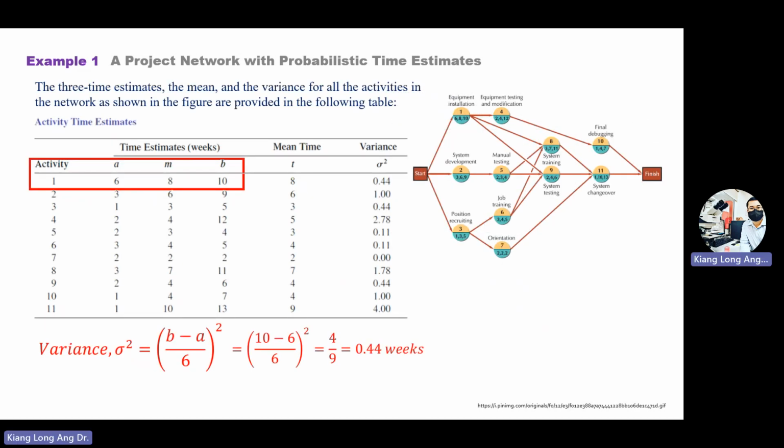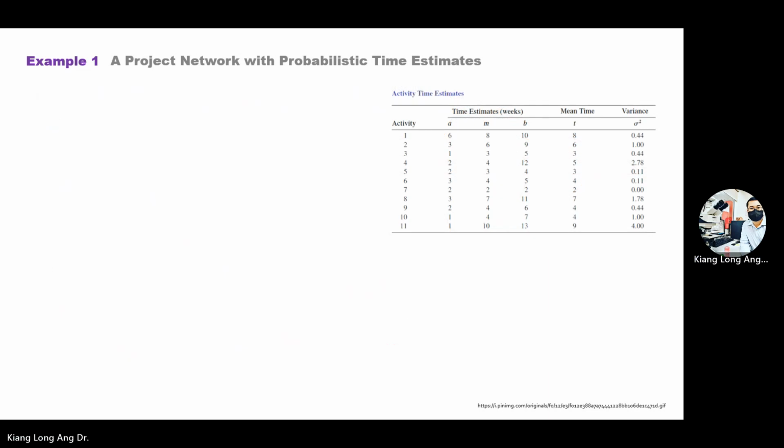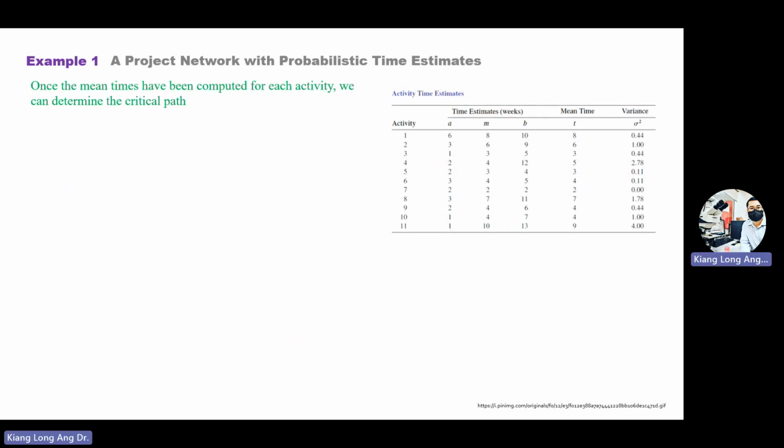So once we're done with the table, we start to estimate already. For each activity, once you have found the mean time, we can determine the critical path. So the one that we learned in the previous class, the number below the bubble, is the mean time.